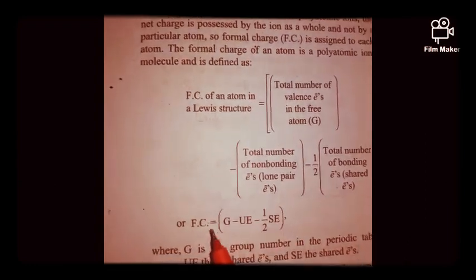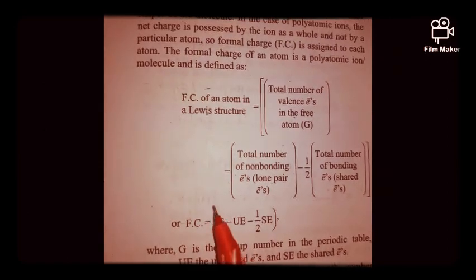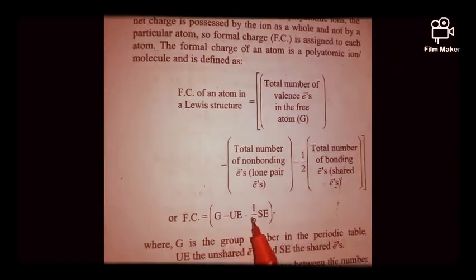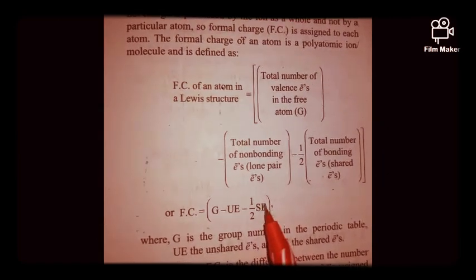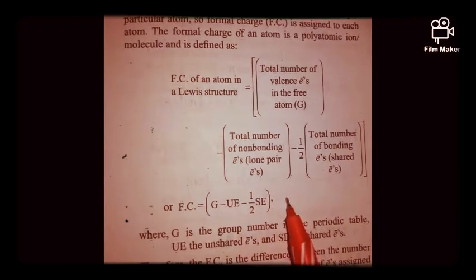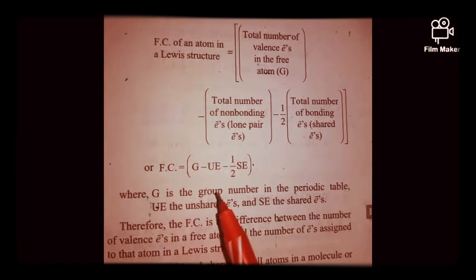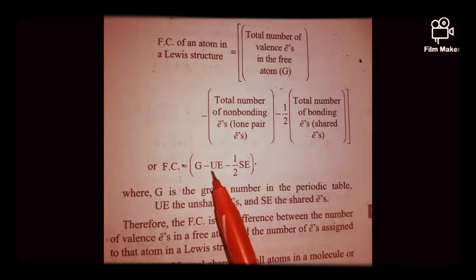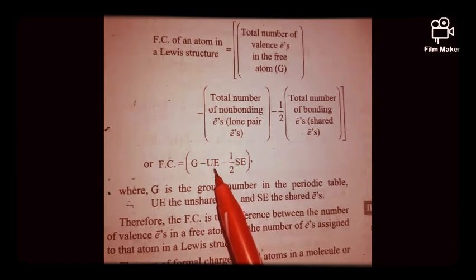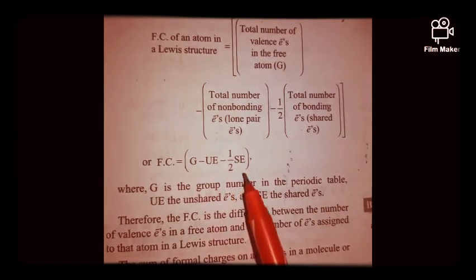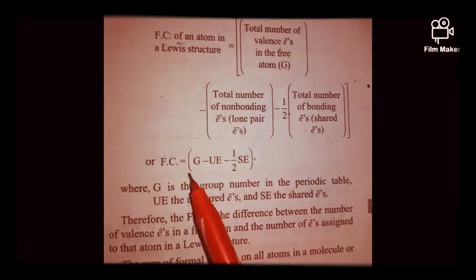Formal charge is equal to G minus UE minus half into SE. G is the group number in the periodic table, UE means unshared electrons and SE means shared electrons.